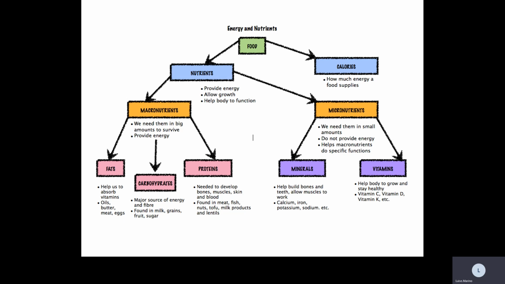So they don't provide energy, and they are broken down into 2 parts of minerals and vitamins. So minerals help build bones, teeth, and allow muscles to work, such as calcium, iron, sodium, and potassium. So they're important for homeostasis. And then you've got vitamins which help us to grow and stay healthy, such as vitamin C. So that's very important for collagen function.